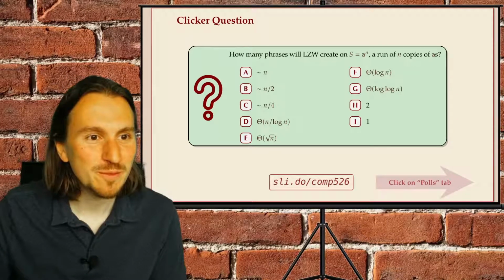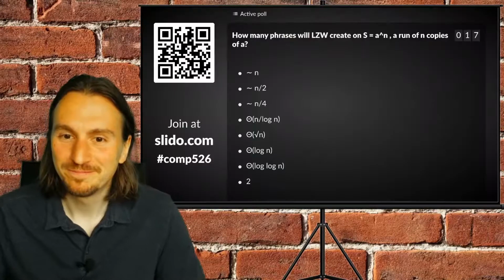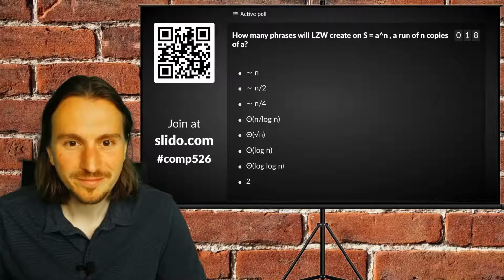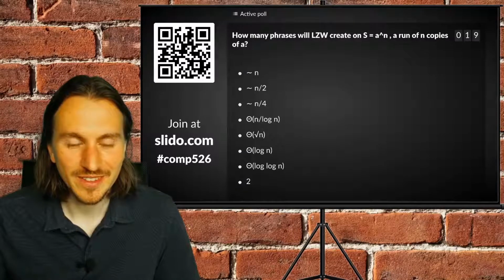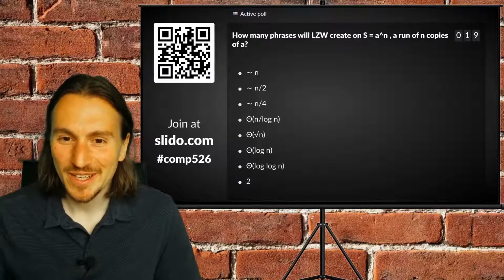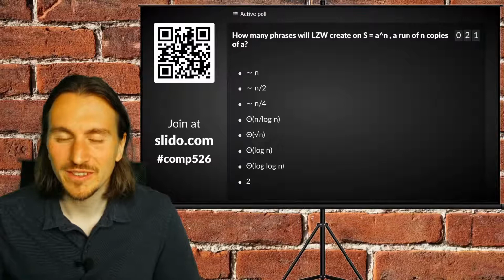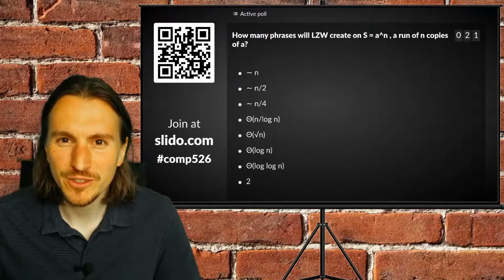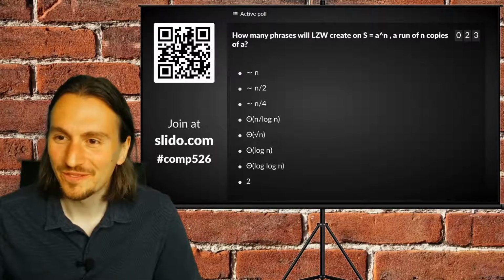We have 17 people. 18, 20, 19. I'll wait a little more. Give you a second here. We're not in a big rush. So I'd love to see 25, that's for sure.